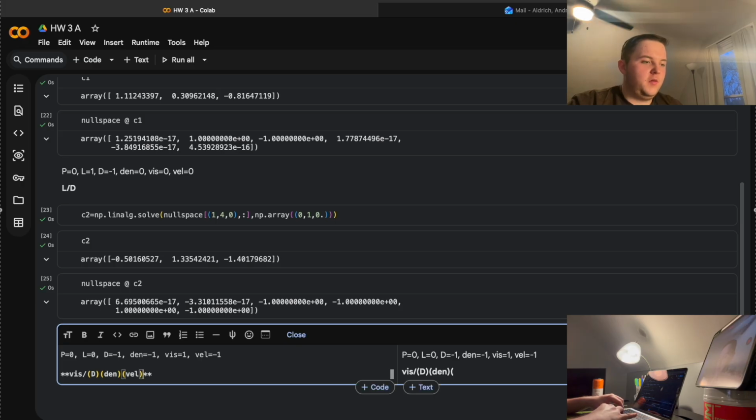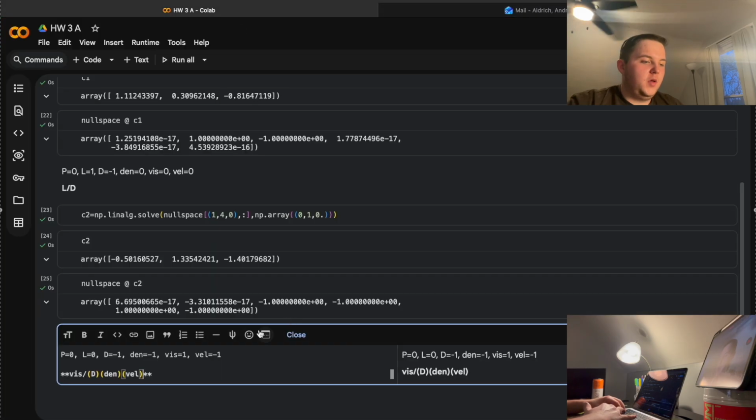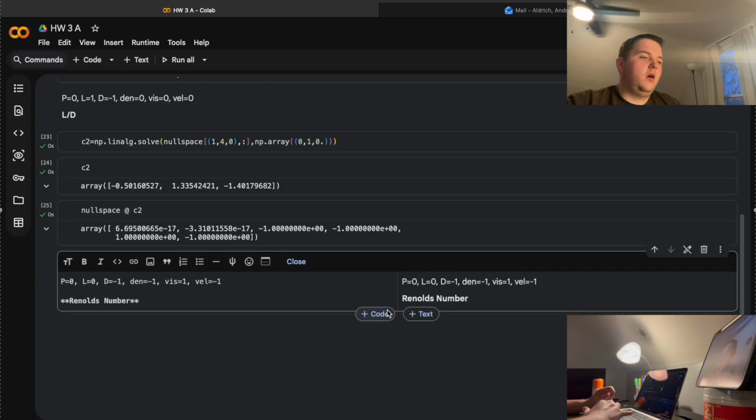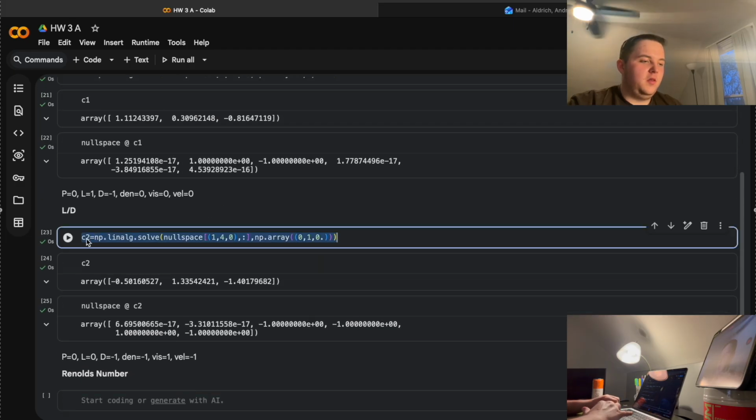So let's see if that's one of our numbers: viscosity, diameter, density, velocity. Yep, okay, so right here we have our Reynolds number that we were trying to find earlier. So we can just put Reynolds number as our C2. So we found our value for C2, and then finally we're just going to do this one more time but with C3.